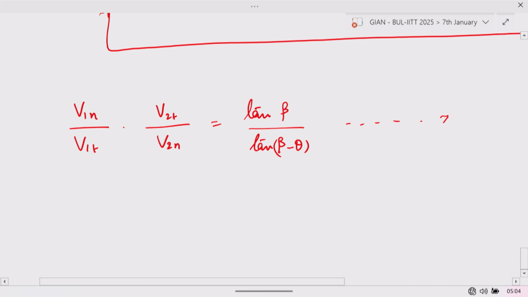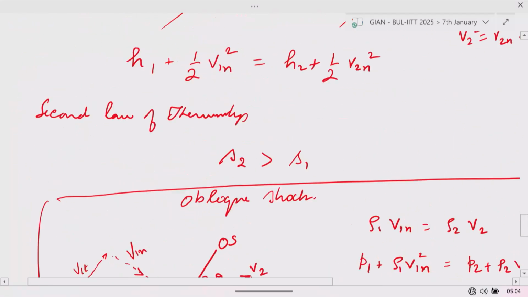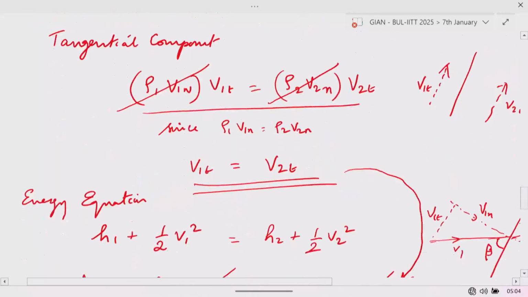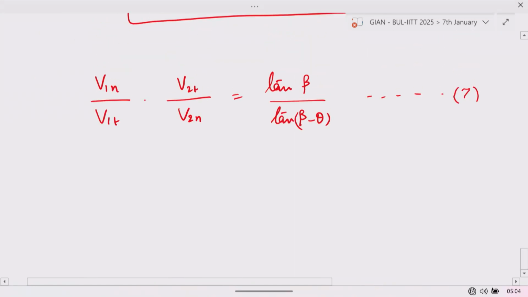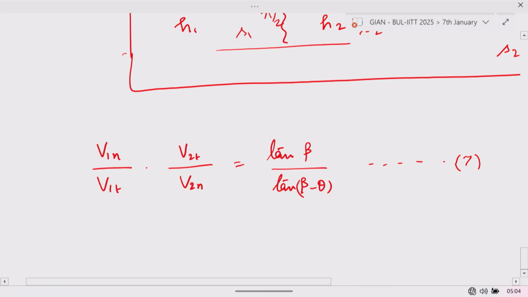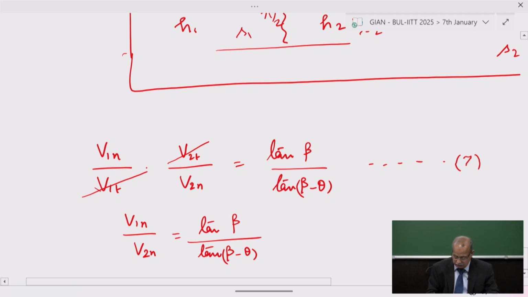This was equation 7. Now, from this analysis, we were able to infer that V1t is equal to V2t, which we didn't know at that time. Now we can say these two terms cancel off. So this becomes V1n by V2n is equal to tan beta by tan beta minus theta.